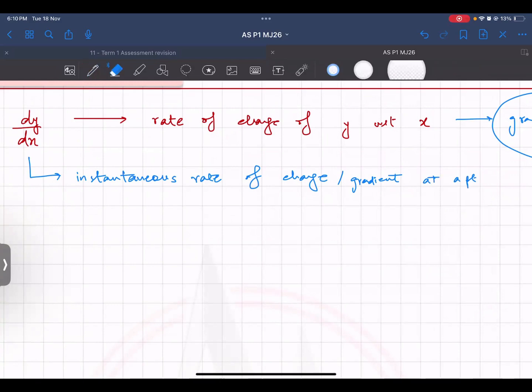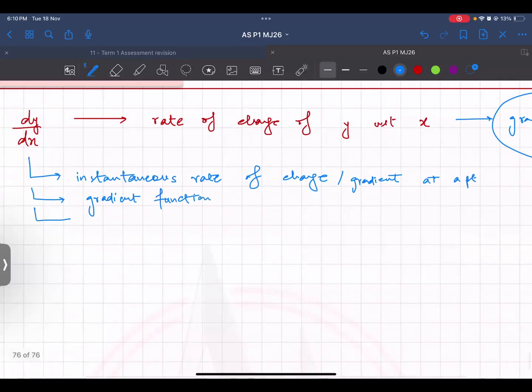That's why we also call it the gradient function, because it can give you the gradient of the tangent at any point of the curve.